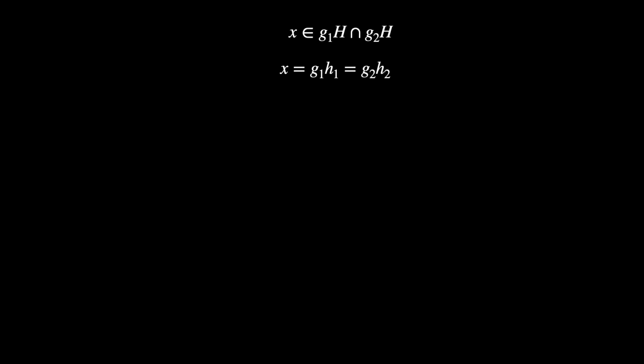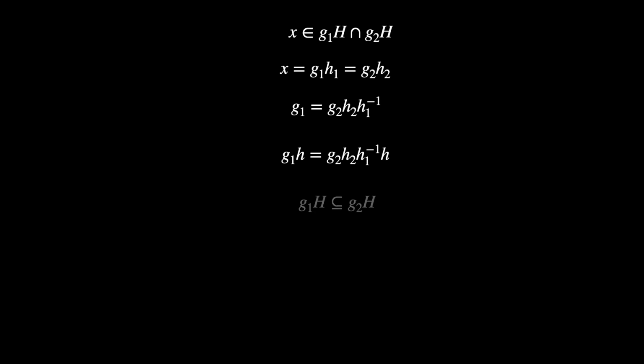Rearranging this a little bit gives us that G1 is equal to G2 times H2 H1 inverse. And when we multiply by every element of H, we get that G1H is G2 H2 H1 inverse H.